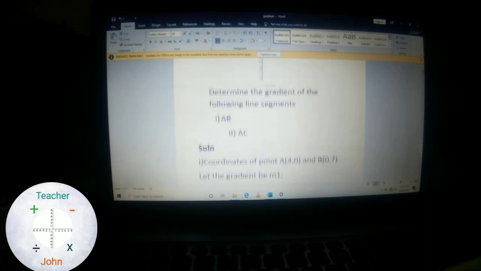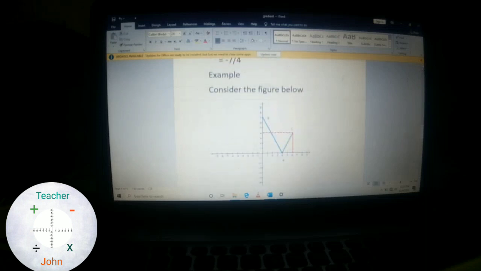So on the second question, they told us to get SC. Now when you go for SC, C is here, it is here on 6. A was here on 4.